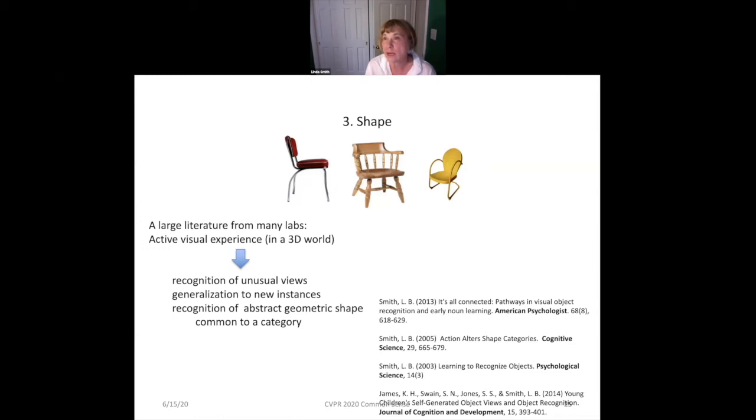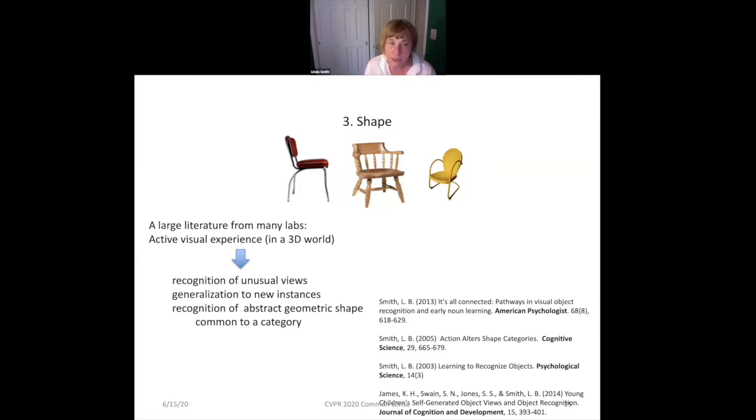It's what enables them to generalize to new instances of a category. Playing with one chair helps you generalize to knowing it's another chair. And we know that it helps them recognize the abstract geometric shape common to a category, so that they can recognize it from shape caricatures just made out of a few different volumes stuck together.